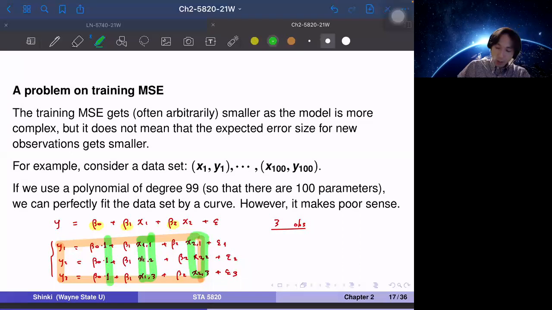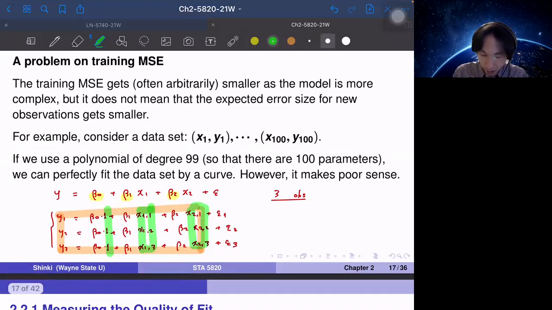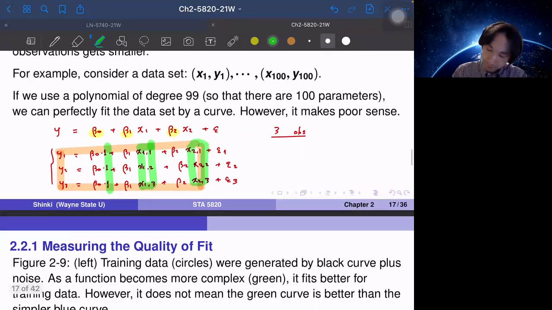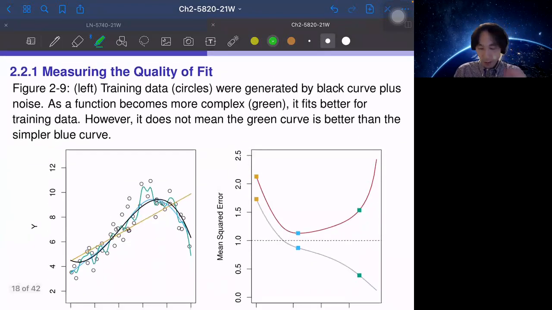So we have a clear problem here. If we have a large number of observations and a small number of parameters, the problem is less obvious, but at least we have some problem using the training MSE. So how to measure the fit?